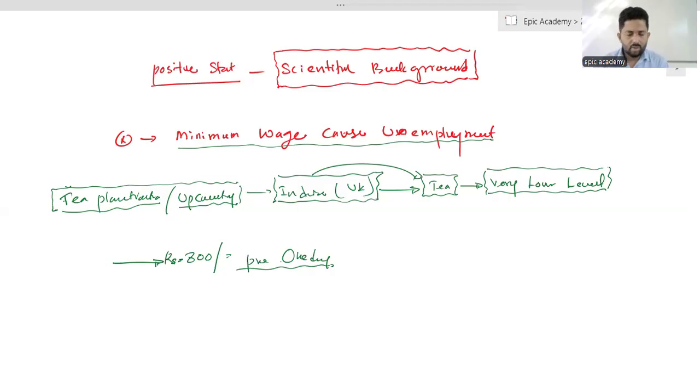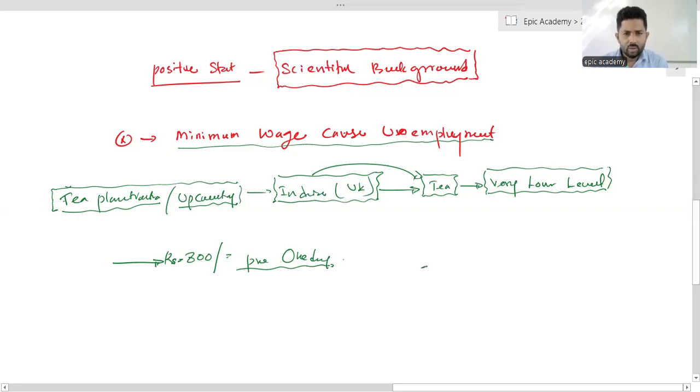It is not a good situation. It is a tragedy for the workers. 800 rupees for 1 day looks like they are earning only $2.6 per day.